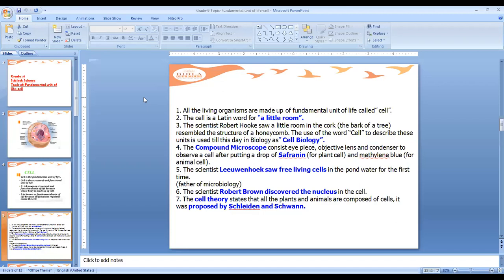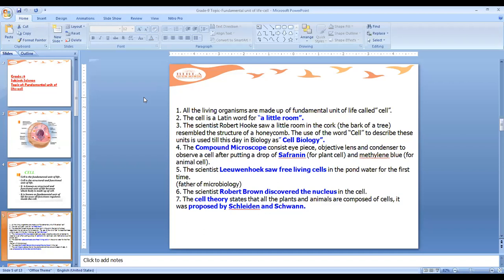So he assumed those small holes as rooms and named them cells. He used the word cell to describe these small rooms. The study of cells is called cell biology.